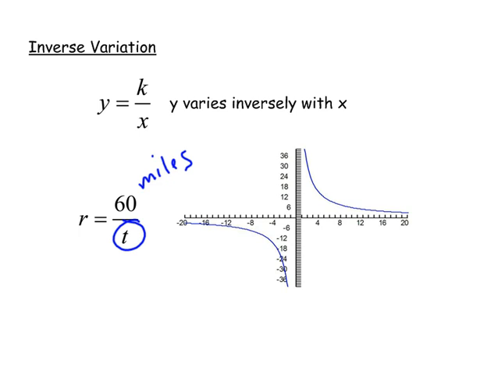And when you graph this, you're going to get a graph that looks like this. There are two curves, and you'll notice neither one of them ever crosses either axis. That's what an inverse variation graph looks like. For now, just being familiar with what the graph looks like and what the equation looks like is plenty. We'll get into more in-depth reasoning behind all of this later.